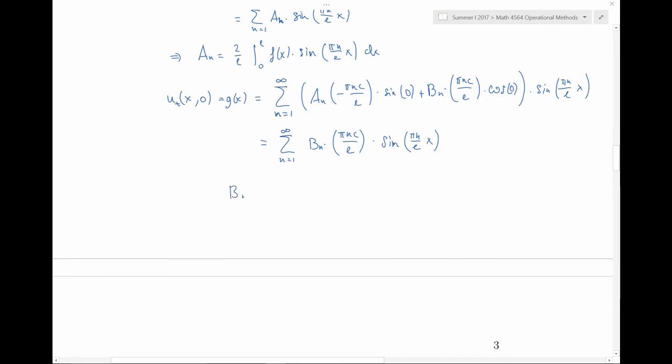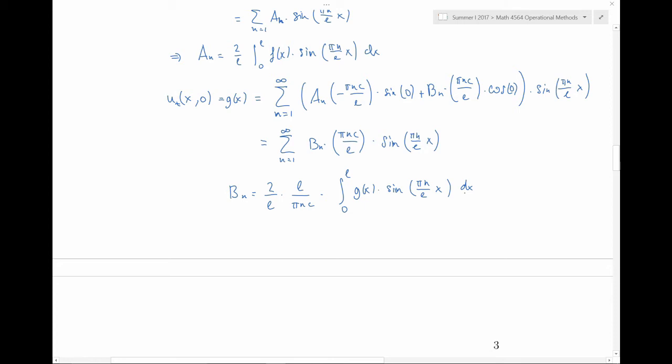Therefore, each b_n has to be computed as 2 over L times L over pi n c times the integral from 0 to L of g of x times sine of pi n over L times x dx.